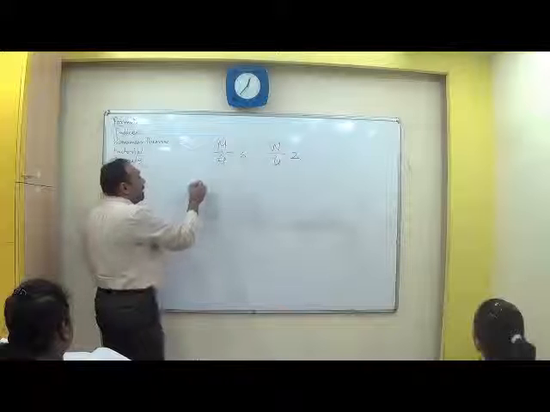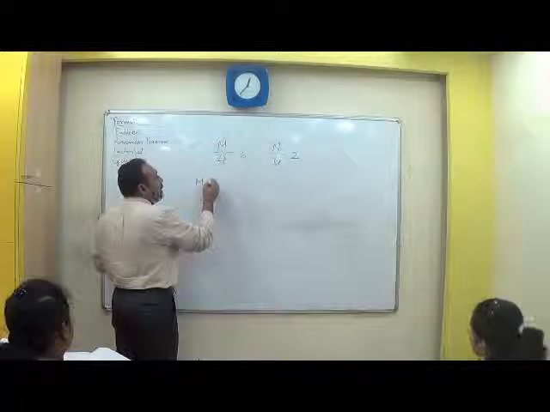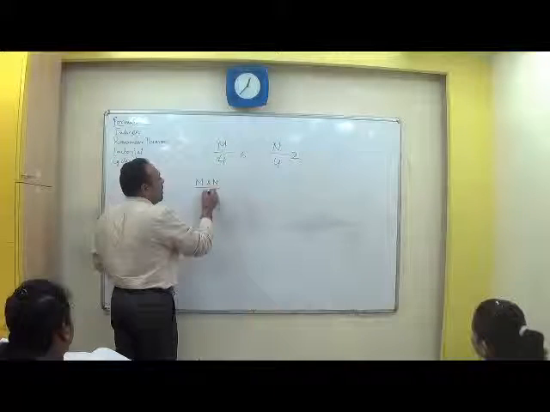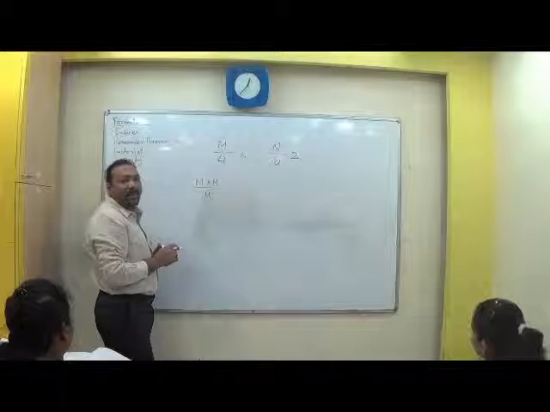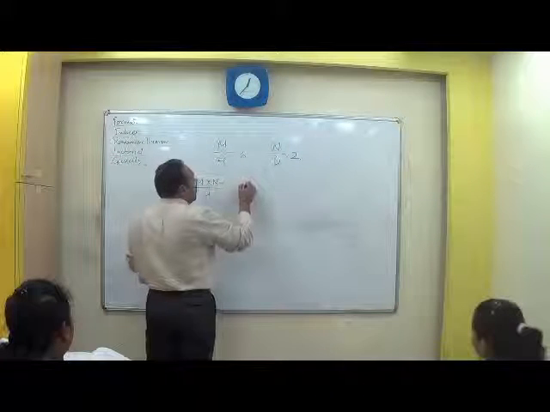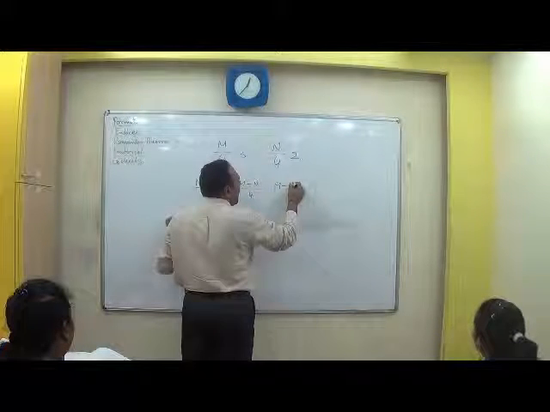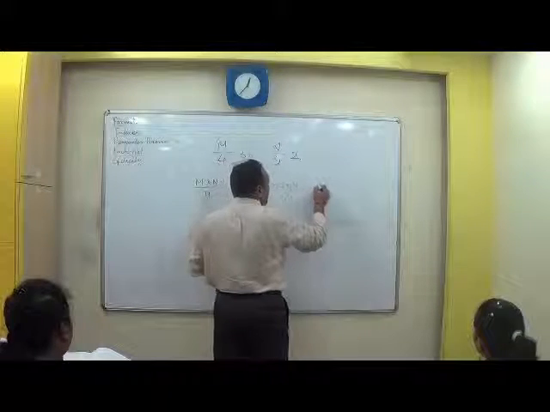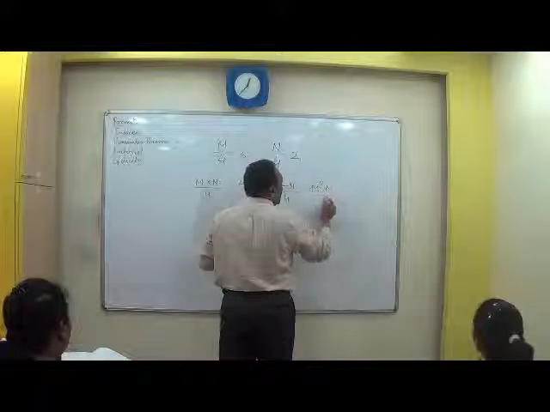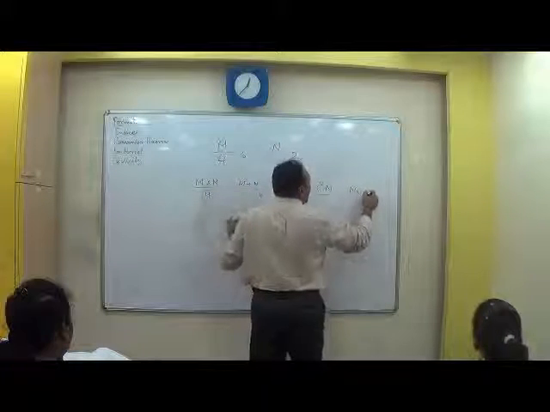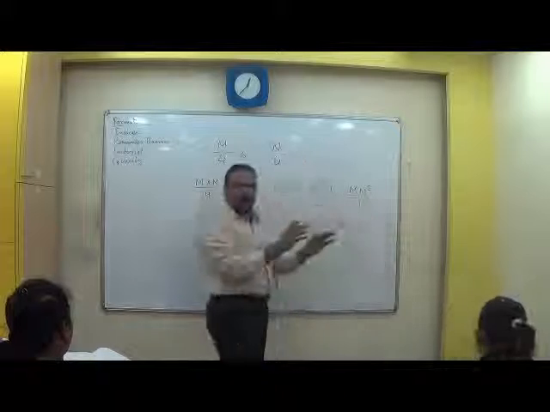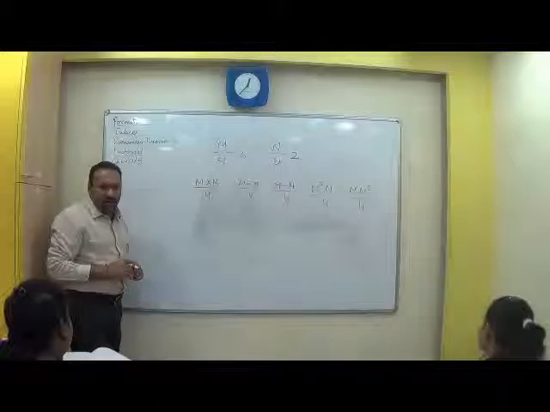And I am asked to find out the remainder of an operation between m and n. Maybe I am asked to find the remainder of m into n divided by 4, or m plus n divided by 4, or m minus n divided by 4, or m square n divided by 4, or m n square divided by 4. Any operation between m and n.